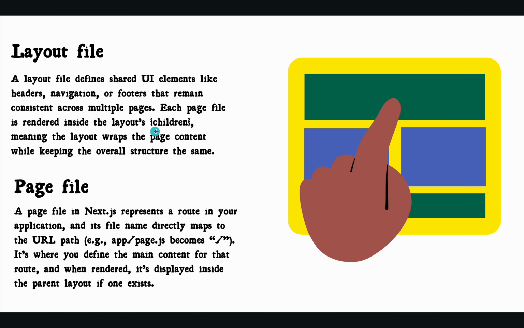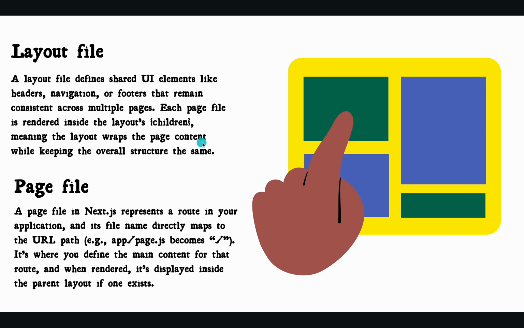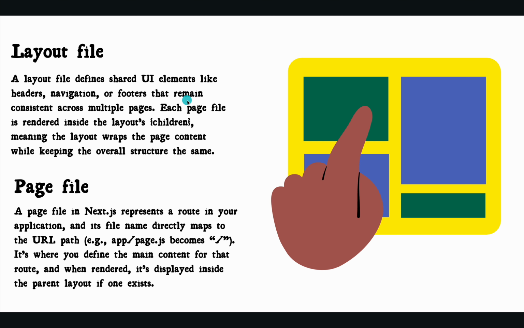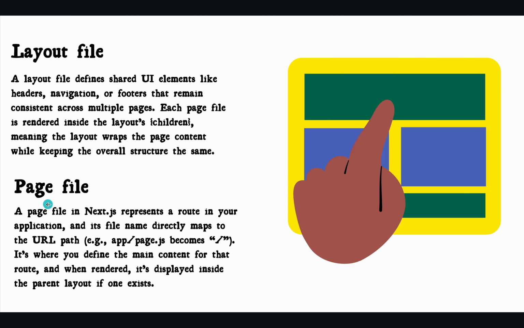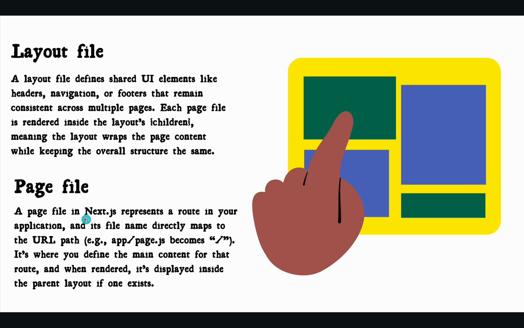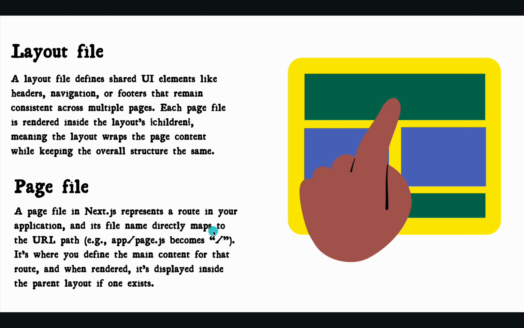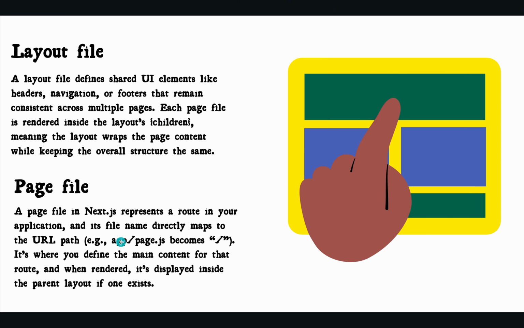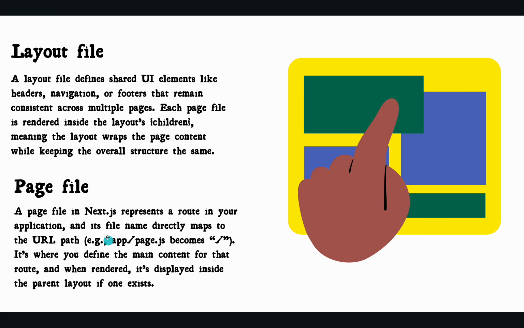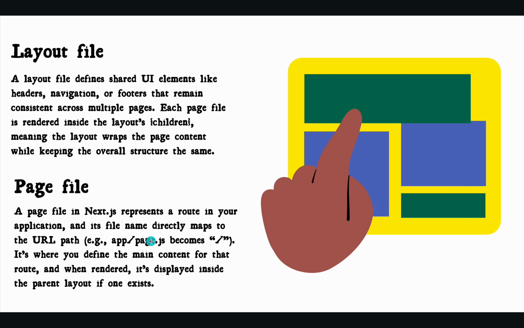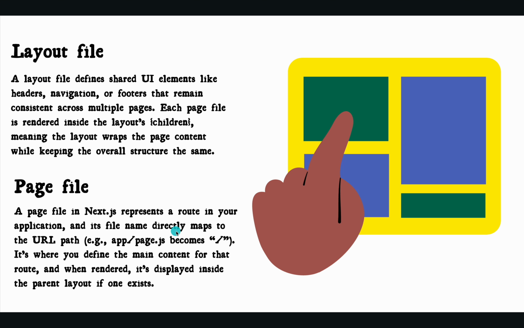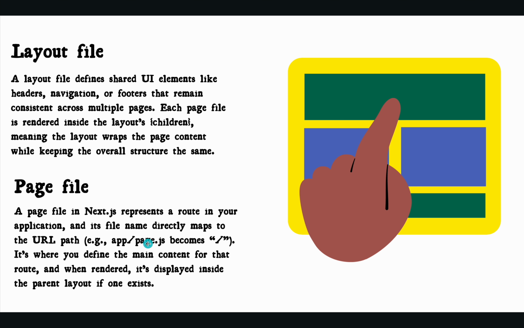Meaning the layout wraps the page content while keeping the overall structure the same, which is exactly what's going on. So what is the page file? A page file in Next.js represents a route in your application, and its file name directly maps to the URL path. We're going to see much of this later on. For example, in the app directory, if we see a file page.js, in our case .tsx, it just becomes slash, right?